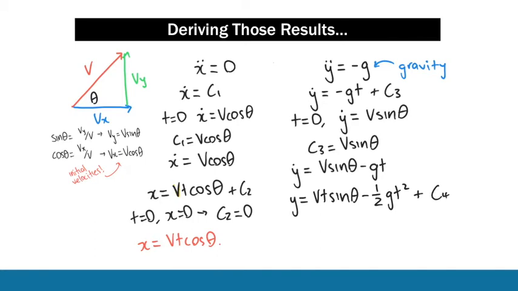And we'll have another constant at the end, but again, by the same logic as on the left, since t is 0 and y is 0, assuming we're starting from the origin, c4 will also be 0. So our final equation is that the y position is vt sine theta minus 1/2 gt squared. So that's a derivation of those two really crucial results.